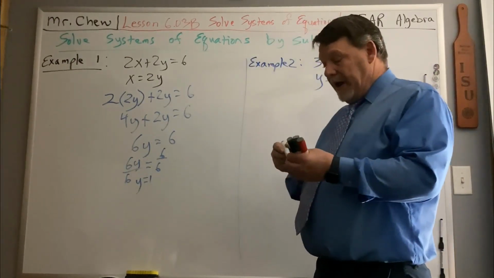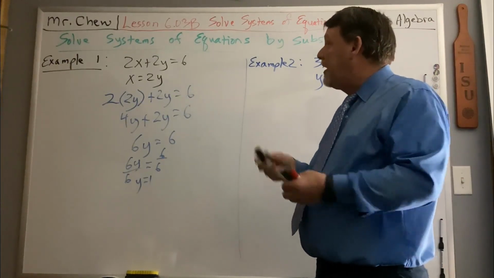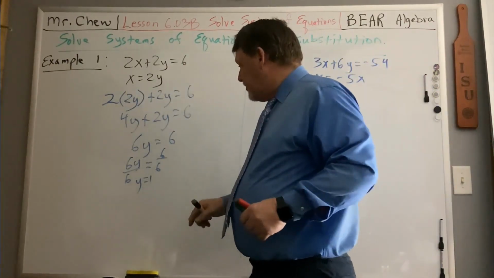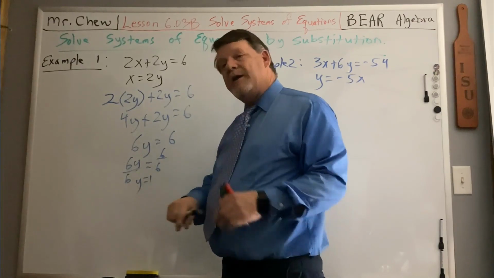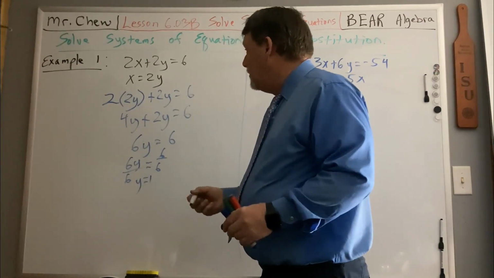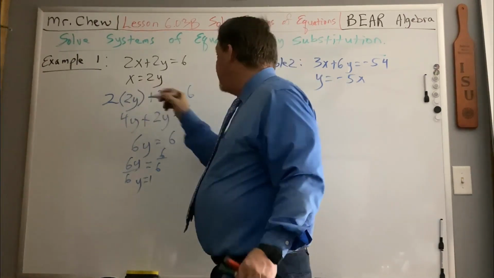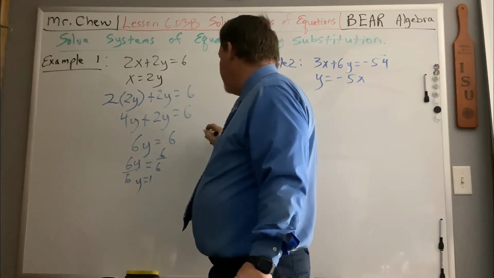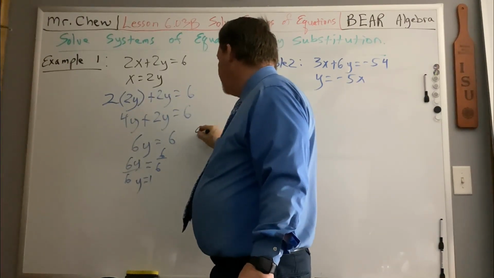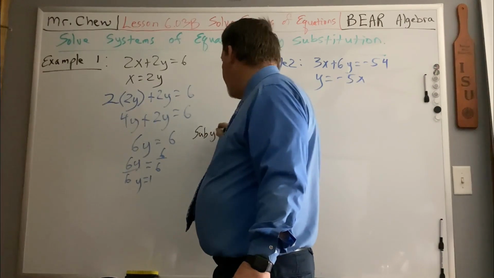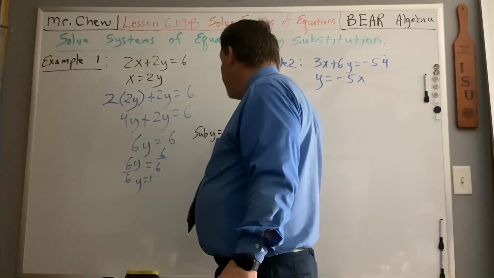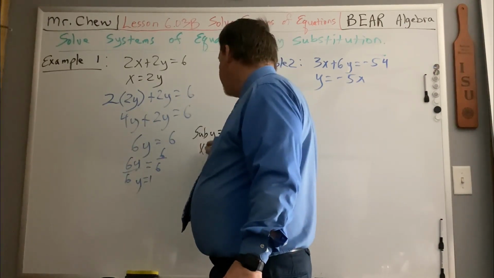Now to find my x coordinate, I'm going to take either equation and substitute a 1 in for the y. So I take my second one because it's easier. I'm going to substitute y equals 1 in x equals 2y.